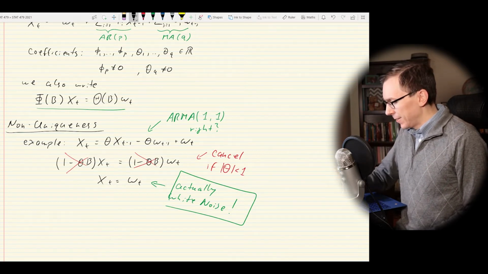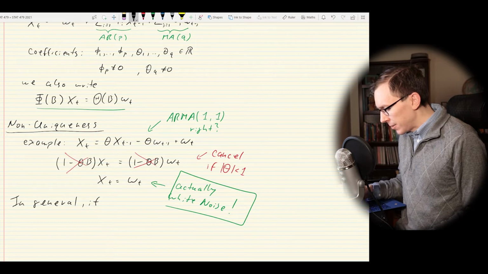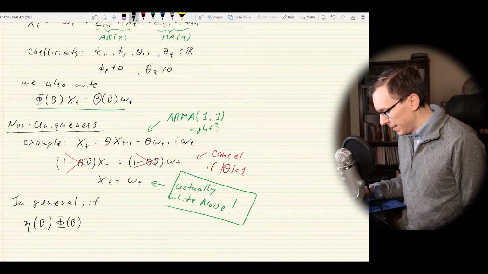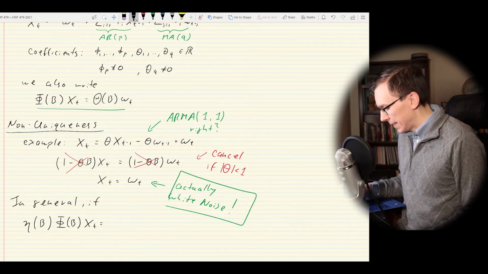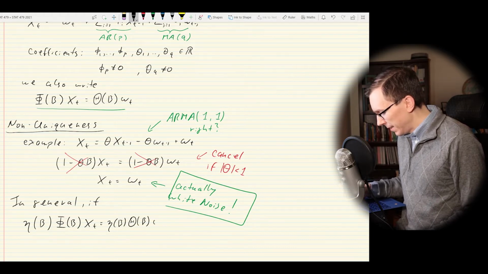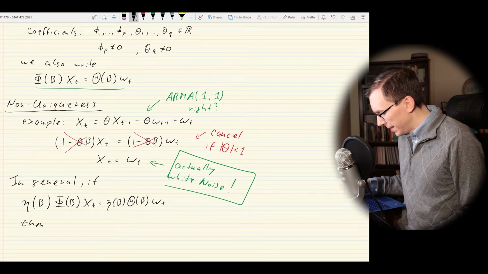So in general, I should write this out before we move on. In general, let's say eta of B, phi of B x_t is equal to eta of B theta of B w_t.